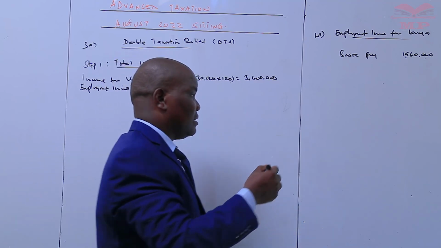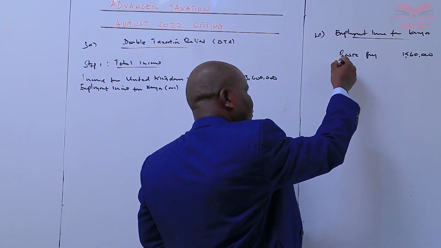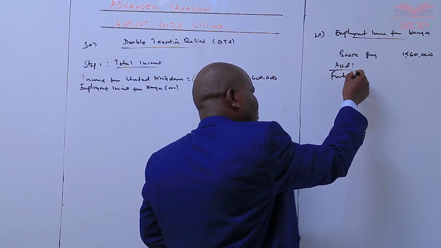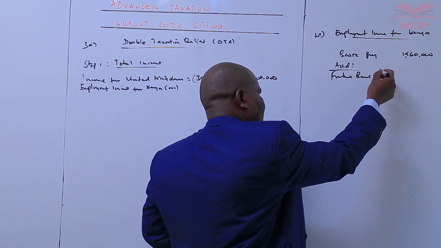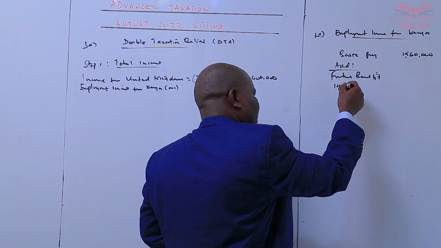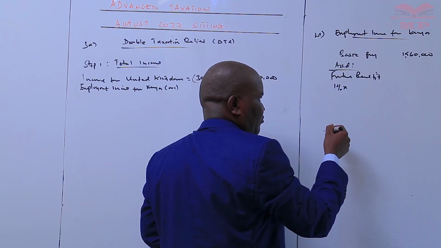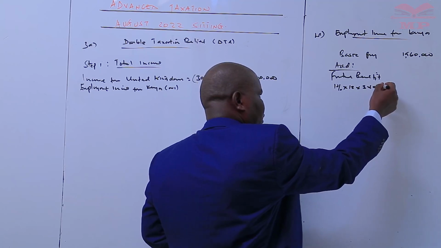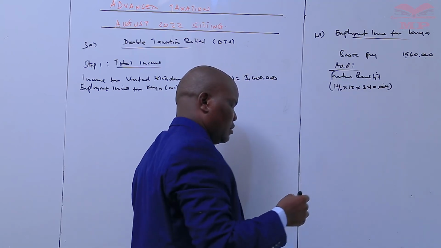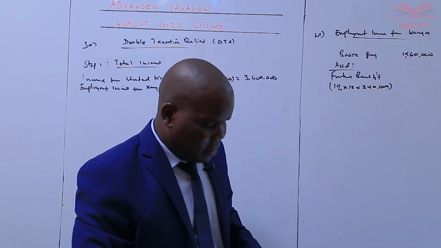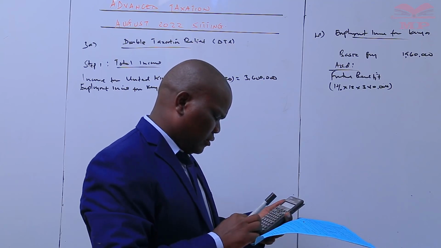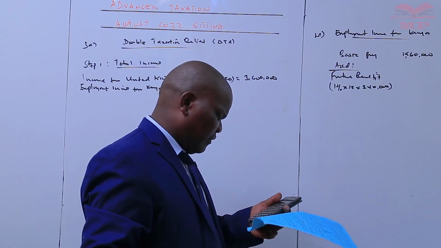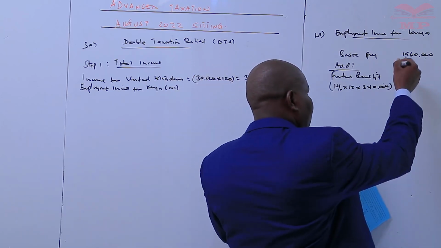So in that case, we add furniture benefit, which is 1%, and because we are assuming the family occupied the house for the whole year, we multiply by 12, then by 340,000. So 1% by 12 is 12% of 340,000. I'm getting 4,800.